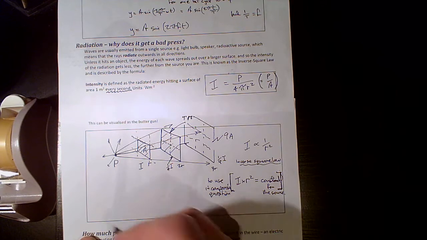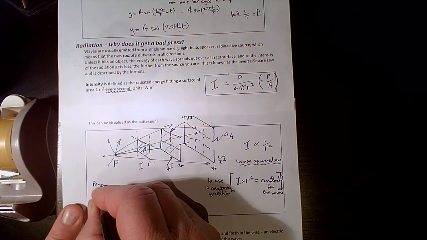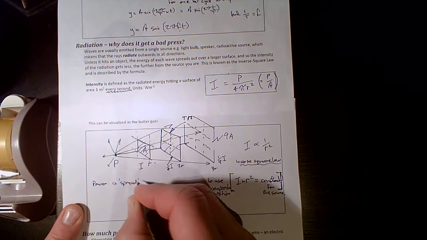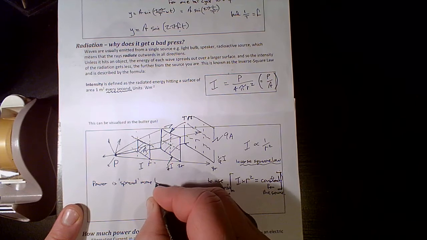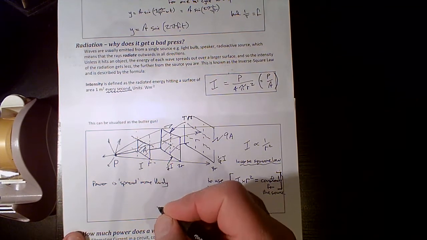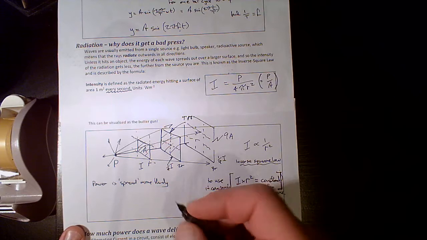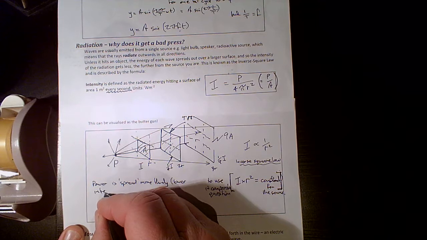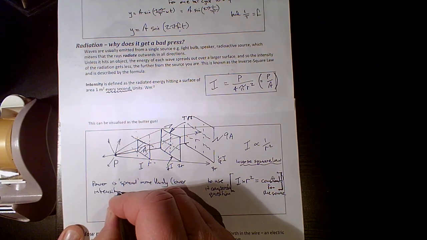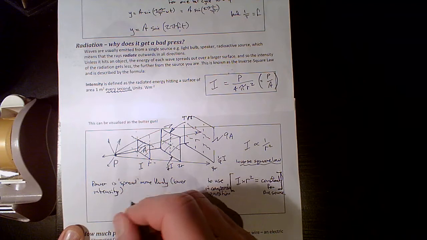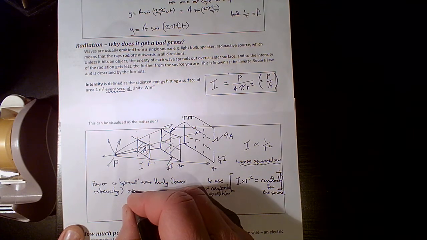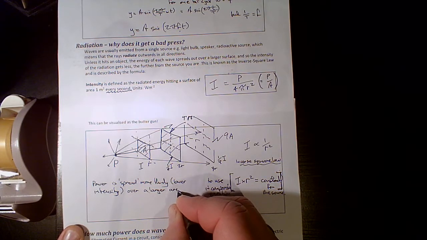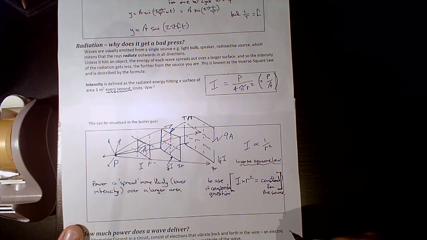Okay, so bit of an idea, the power is spread, do you get the joke, more thinly. Okay, so my butter is spread more thinly, which is a lower intensity. Spread more thinly over a larger area, which is why it's spread out more thinly.